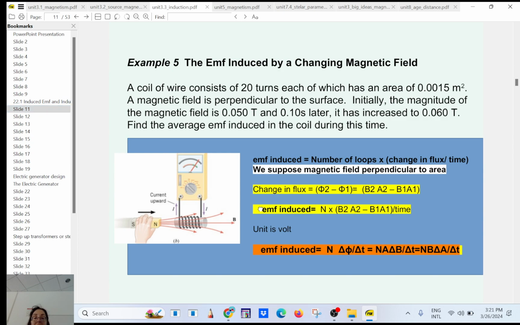So magnetic field times area times the number of loops is what we call the magnetic flux. It's a way to compute the number of magnetic field lines. Let's do the math and then it will seem easier.